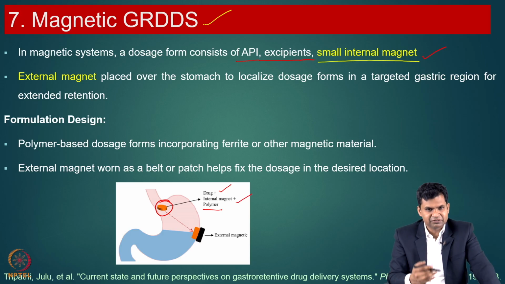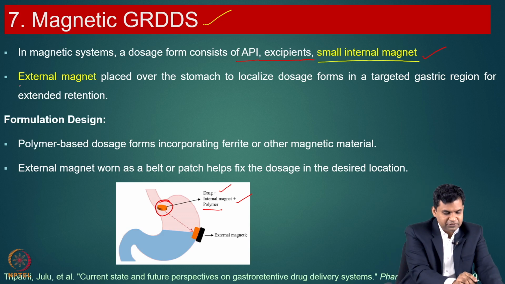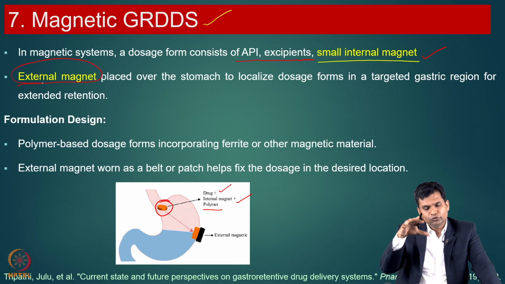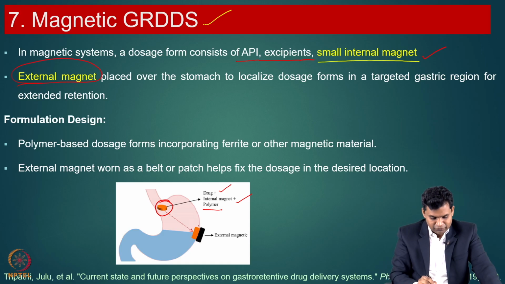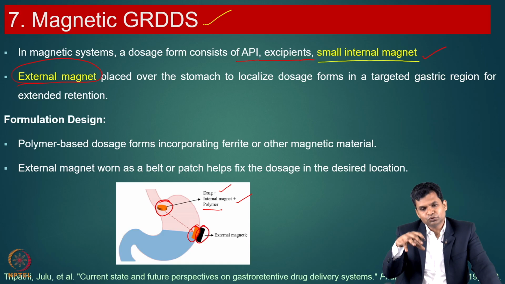After administration, it will enter into the stomach, then we place an external magnet, so that your dosage form will come to the particular site for localized delivery, where we keep our external magnet on the stomach.